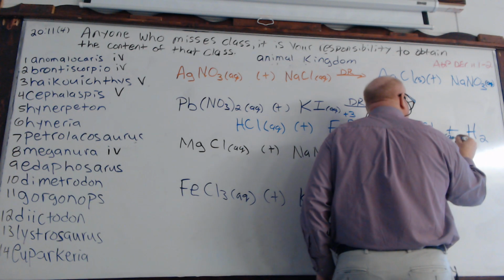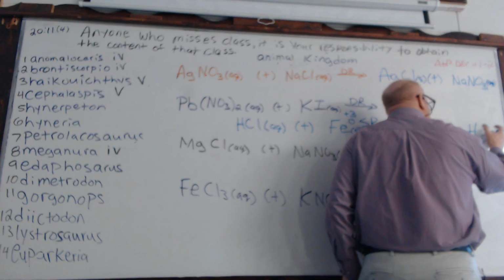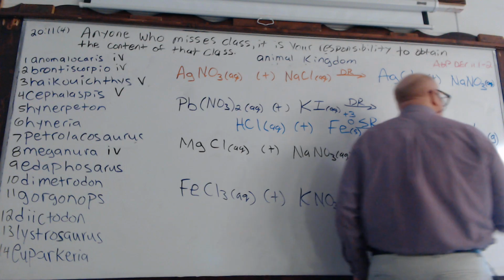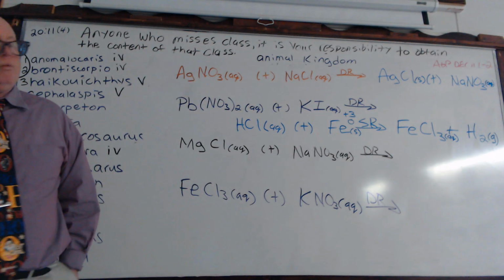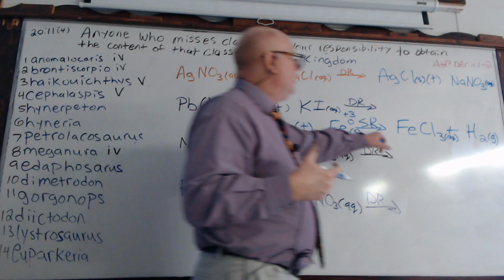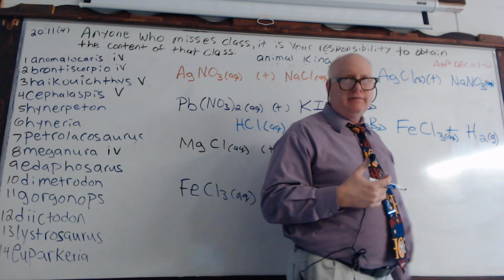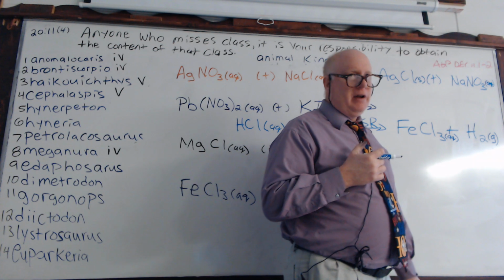It's an aqueous solution. And what type of state is this? Because you're forming a gas. So you know that that reaction is going to take place: 1, because of the activity series, and 2, you are emitting a gas, which is a reaction.